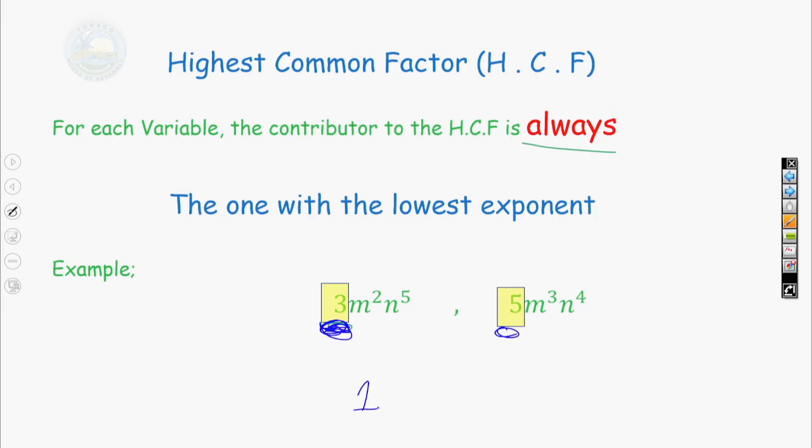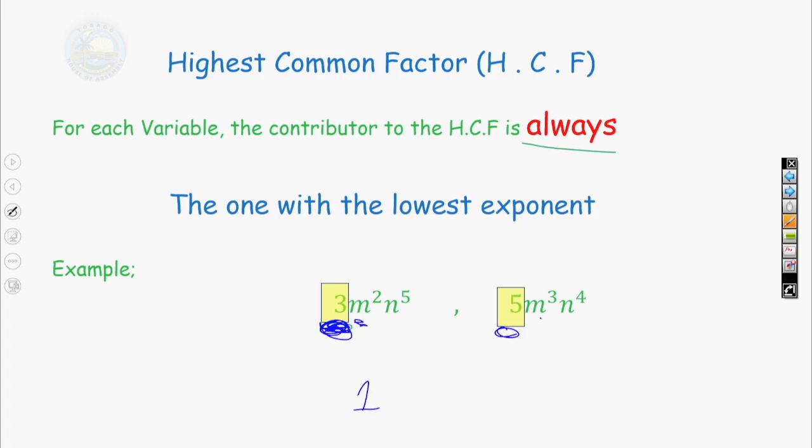Then, as I said, we start from the left and come in. After the 3, we have m for this term. So we check the next term because it has to be common. It's the highest common factor. It has to be common. So this has m. Does this have m as a variable? Yes, they do.